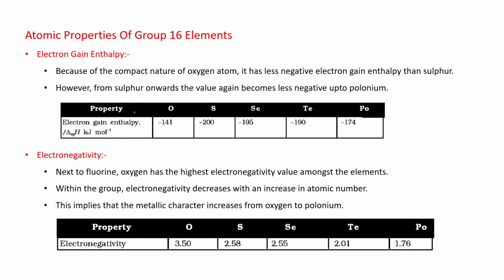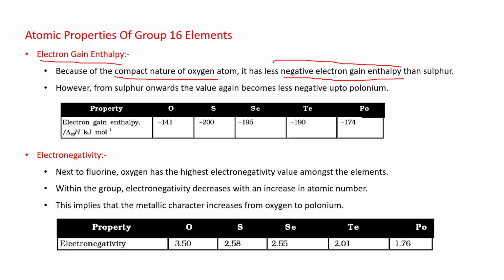Electron gain enthalpy. I think you are familiar with this term. This is the change in enthalpy when an electron is added to a neutral gaseous atom to convert it into an anion. In this case energy may be released. But because of the compact nature of the oxygen atom, it has less negative electron gain enthalpy. Remember it.